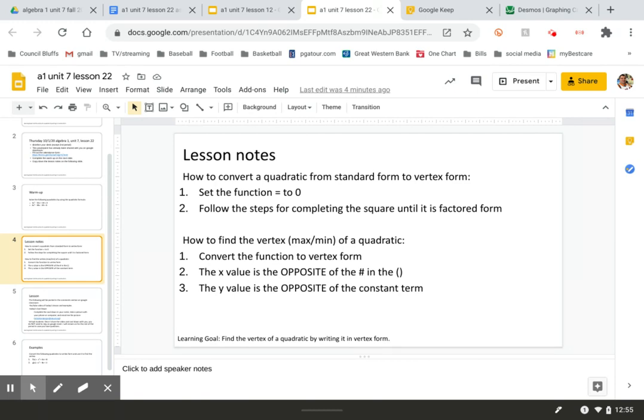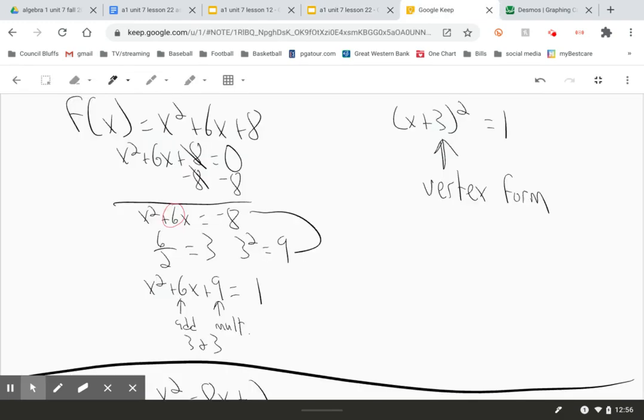So once it's in vertex form, the x value of that max or min point is the opposite of the number in the parentheses. The number in the parentheses here is positive 3. The opposite of positive 3 is negative 3.